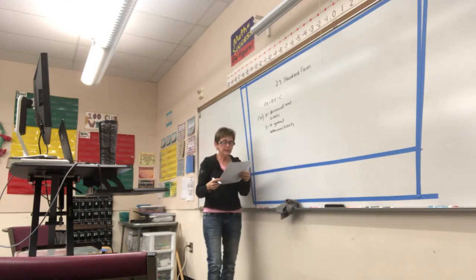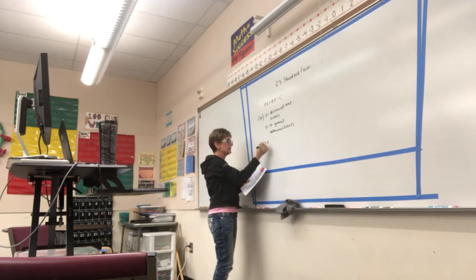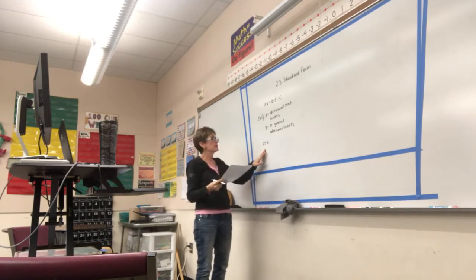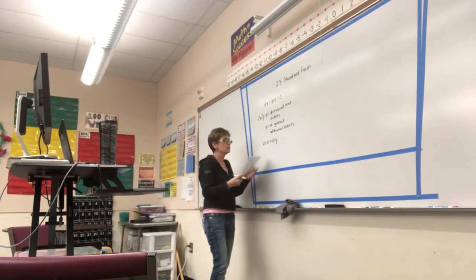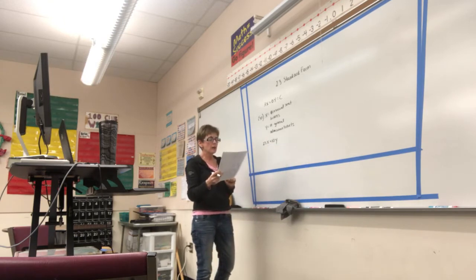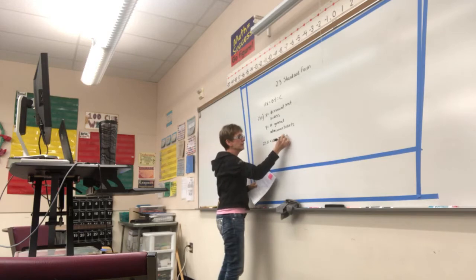If we do this, then we can just set up the equation 25x, so $25 times however many reserved seat tickets she buys, plus 10y, so $10 for every general admission ticket she buys, equals $150.